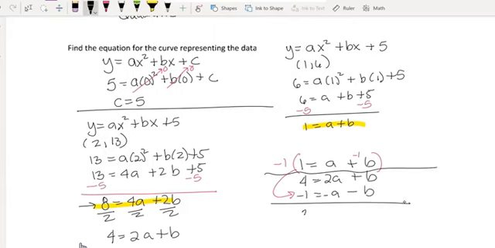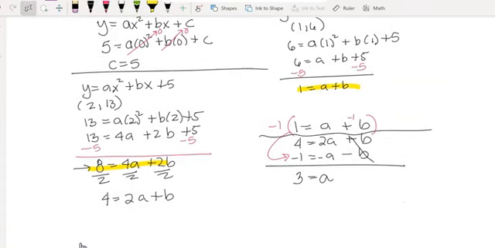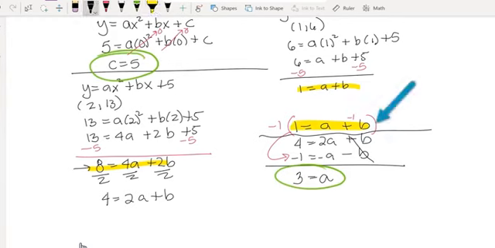Okay, add down, and I get a equals 3. So I have C, I have A. Next, I need to solve for B. So I'm going to plug A into that equation. Solve for B. B is equal to -2.